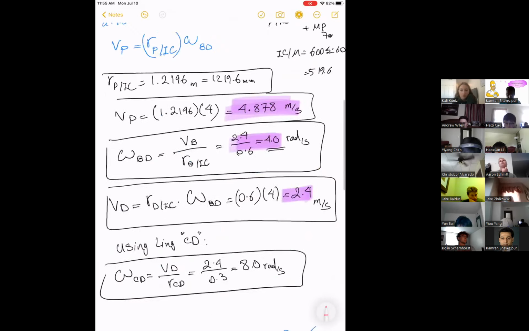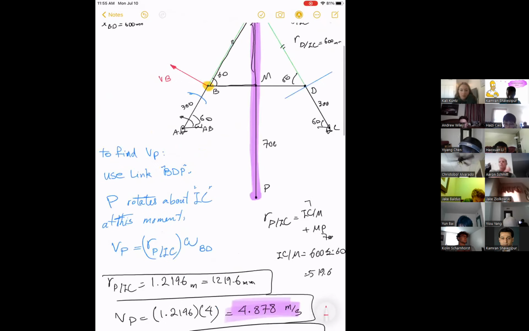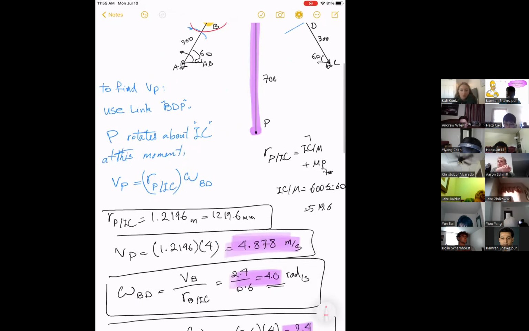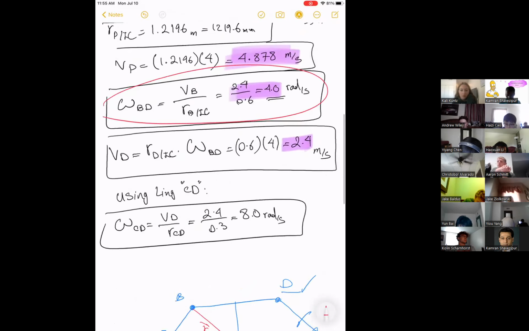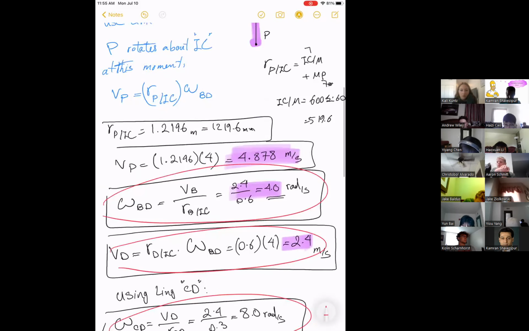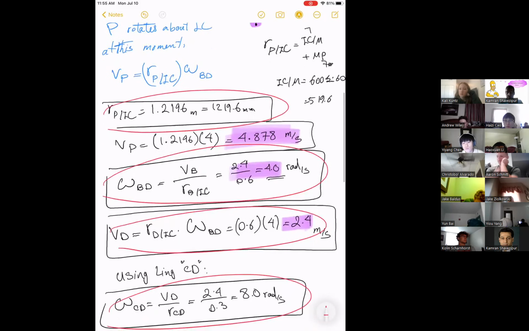With IC, I technically found VB, then got omega. This is like one line, one line, one line, and one line. So with 4 simple multiplications, you can find all of the velocities, angular velocities you need.